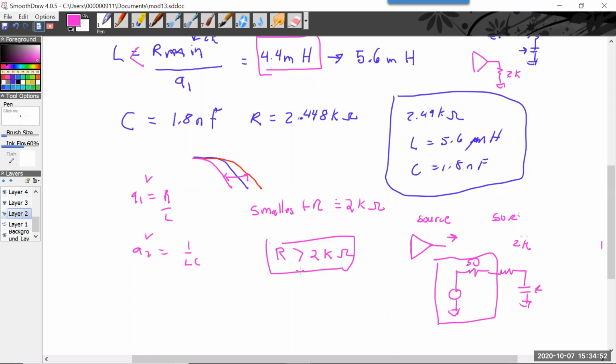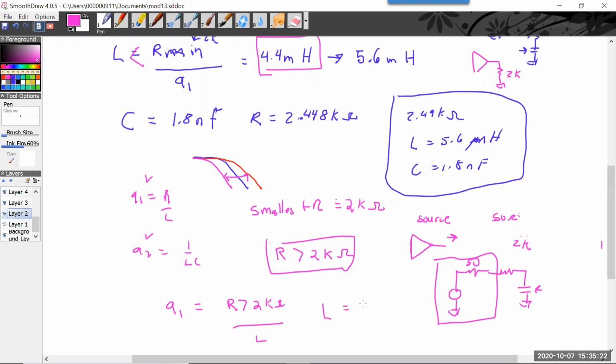If I have A1 and this R greater than 2 kilo ohms divided by L, then I can solve for L, but it's not an exact value.